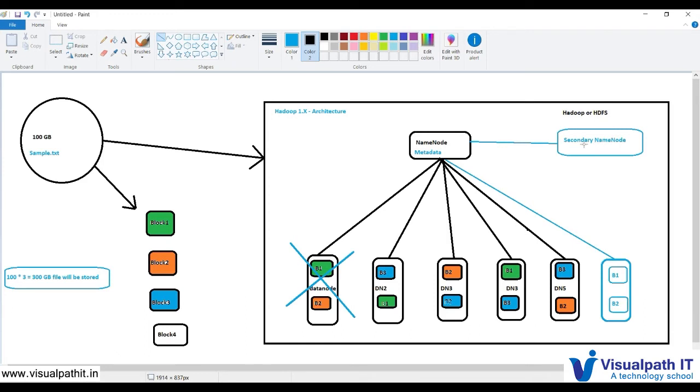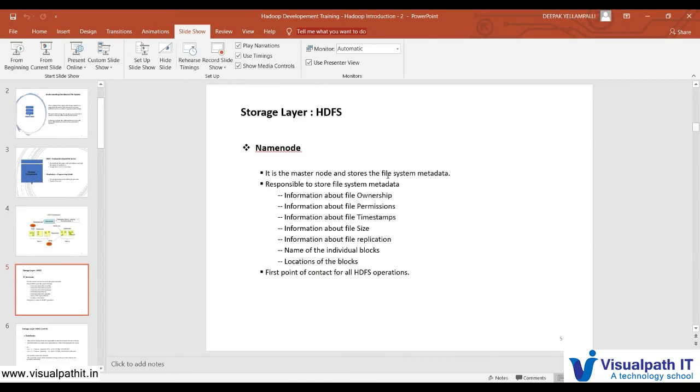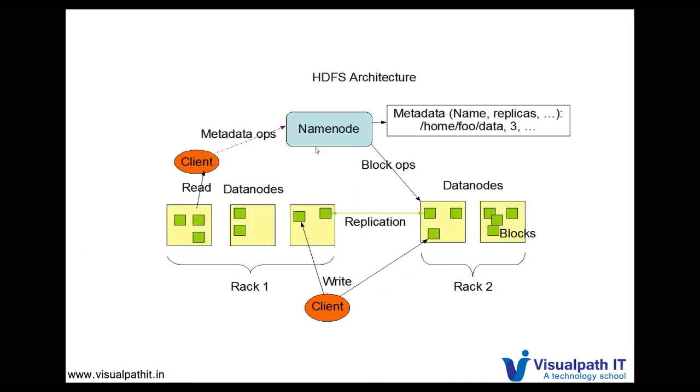And moreover, I can say this is the storage layer, right? So we are discussing the storage layer. Then when we go to the processing layer, we'll discuss one by one. Okay, so this is Hadoop architecture, name node, multiple data nodes, right? And data blocks: if you copy data, it will be divided into blocks, and each block has replicated copies across data nodes.